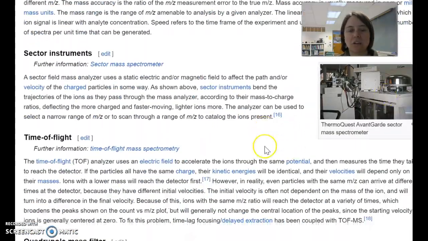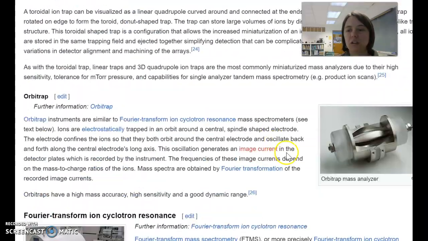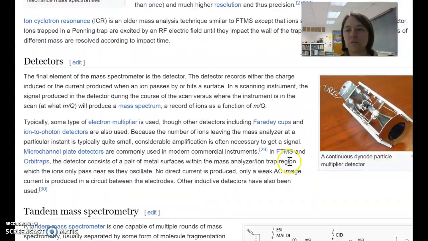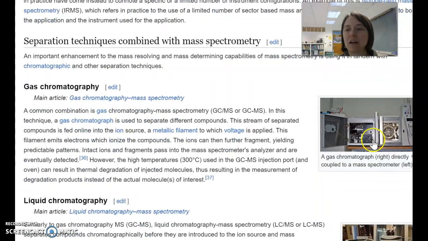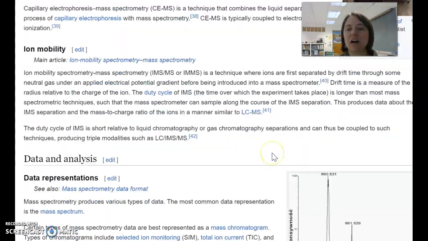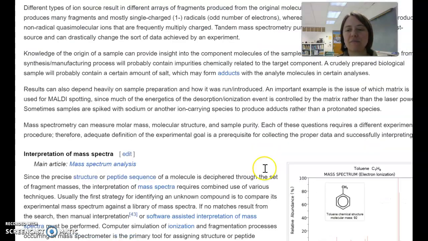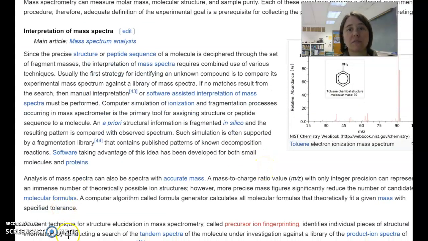And you would get a readout that looks kind of like that graph that we looked at. So here are some other pictures of mass spectrometers in labs. Here's a graph. All types of labs would use them, like forensics labs, college labs, and medical labs. They would all use a mass spectrometer.